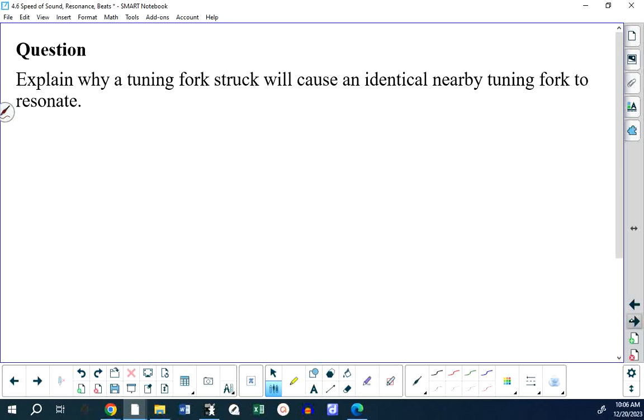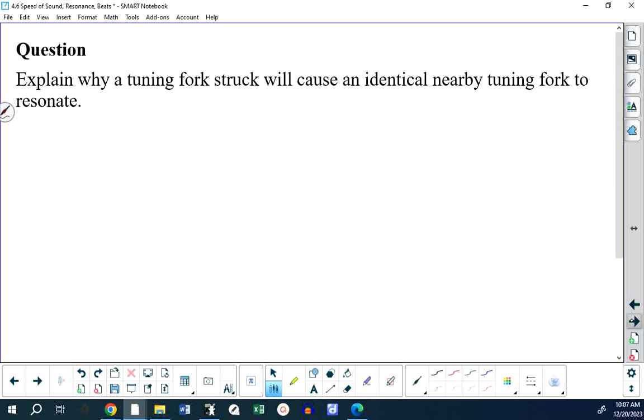So when I put these two together and I hit the one that has a natural resonant frequency of 259, it's causing everything around to vibrate at 259 if it can vibrate at 259, and this can't. You have to take our word for it. There's nothing there.